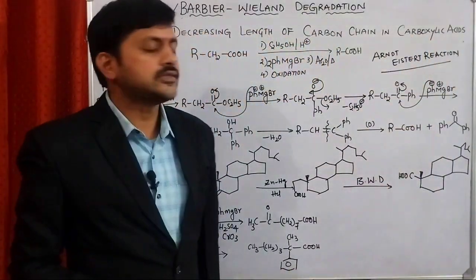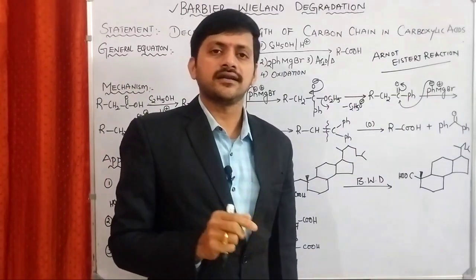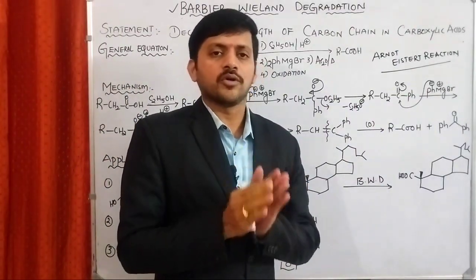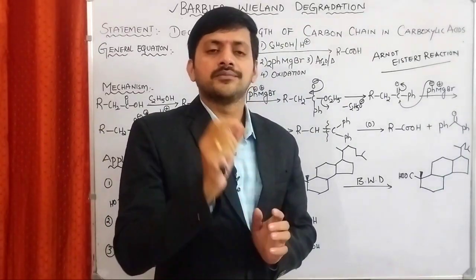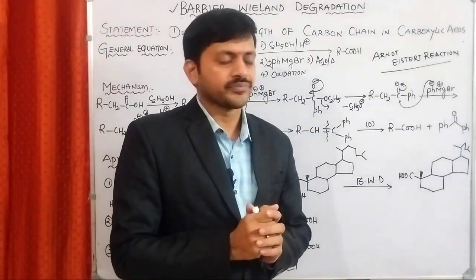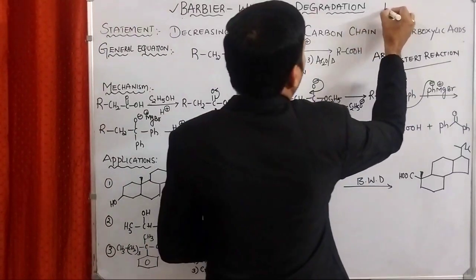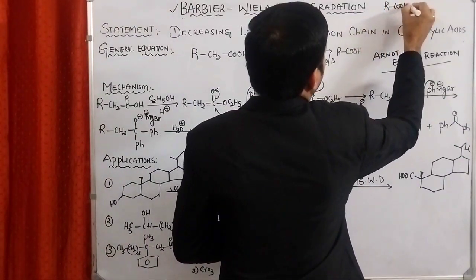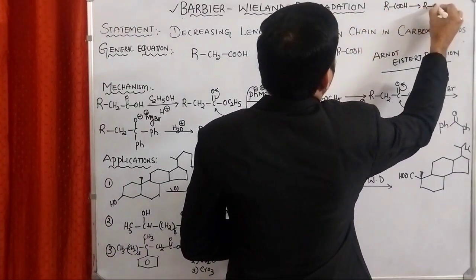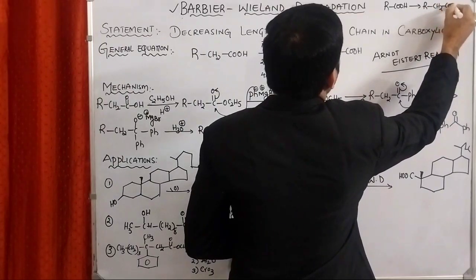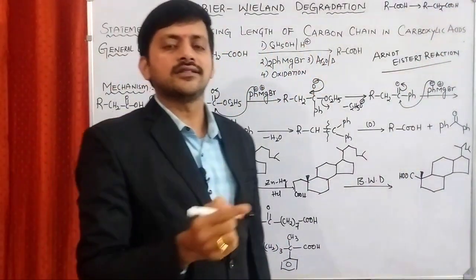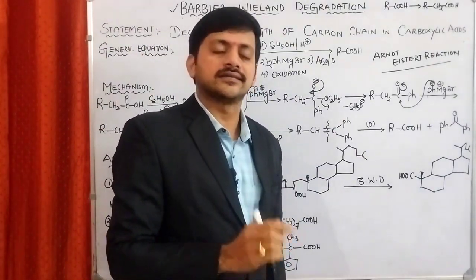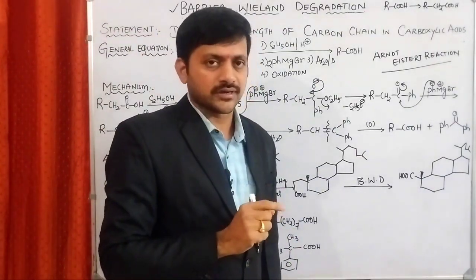In this reaction, we have seen the conversion of carboxylic acids by increasing the length of the carbon chain by 1 CH2 unit. It means that if you have RCOOH, it can be converted into RCH2COOH. We have increased the length of the carbon chain in carboxylic acid by 1 CH2 unit.